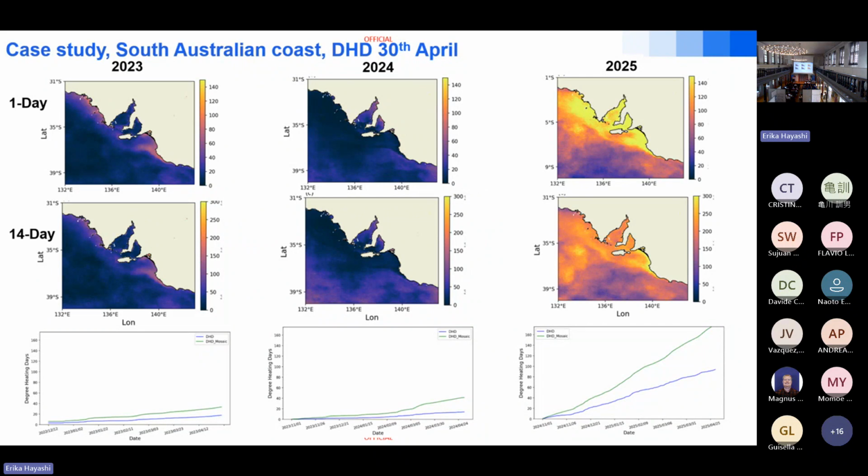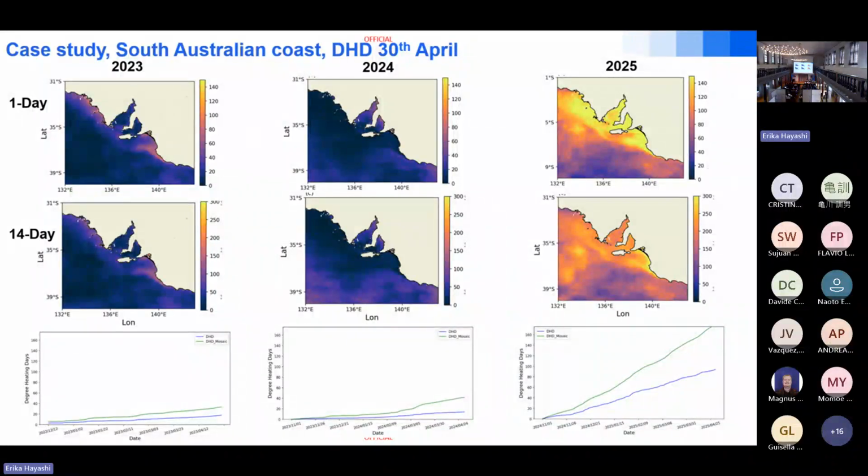The first row uses 1-day SST, the second is the 14-day mosaic product, and the last one is how the degree heating days accumulated over the period from 1st of November to 30th of April. So compared to the last 2 years, this year was exceptional.